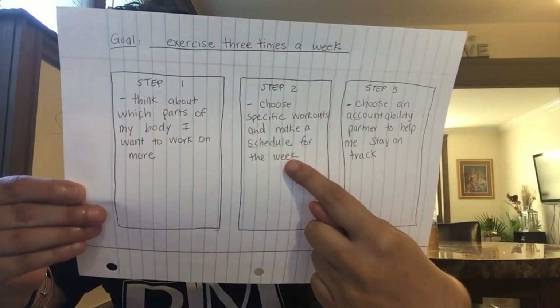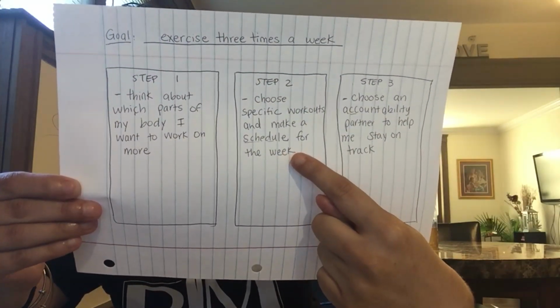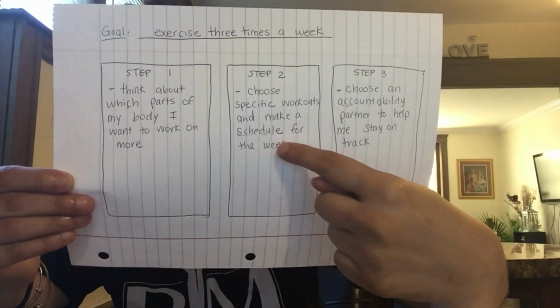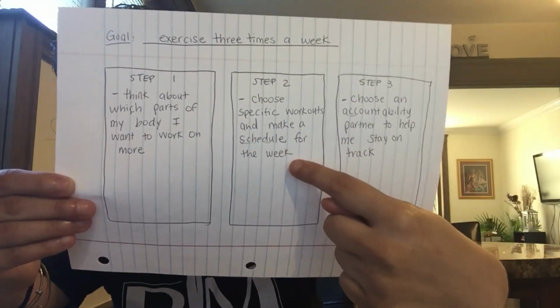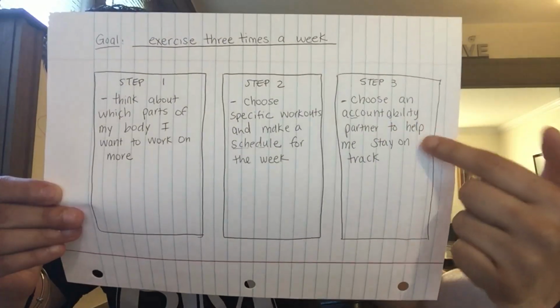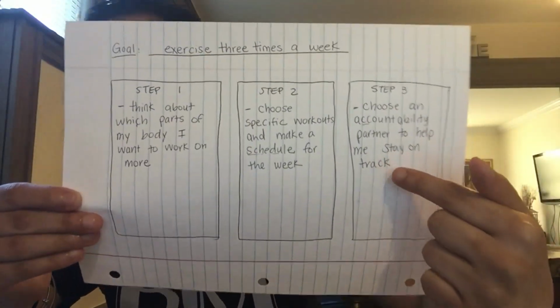Then after that, I chose specific workouts relating to the parts of my body I want to work on more. I made a schedule for the week. And then my last step was I choose an accountability partner, a buddy, to help me stay on track. Everything's funner with a buddy, right? So that's why I chose that one. So we can all work on our goals together as well.